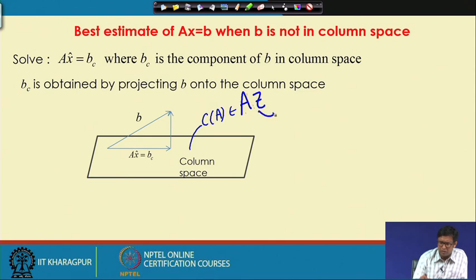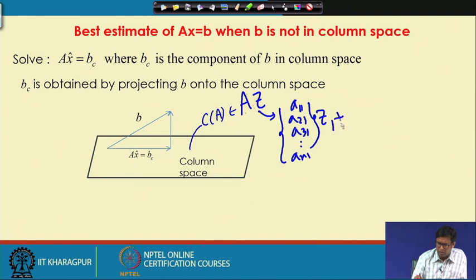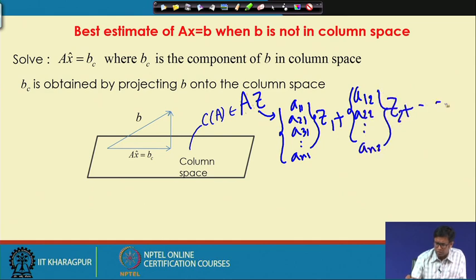So, what is A z? This is like a 1 1, a 2 1, a 3 1, up to a n 1, the first column, multiplied by z 1, plus a 1 2, a 2 2, up to a n 2 with z 2, plus so on. So, any column space vector will be of this form.